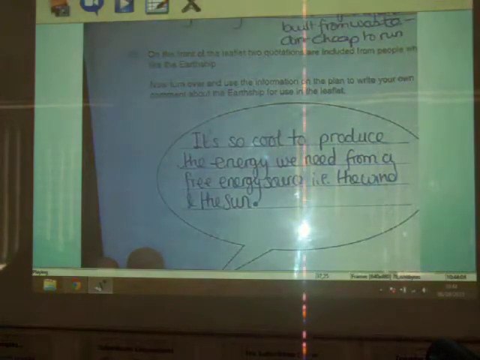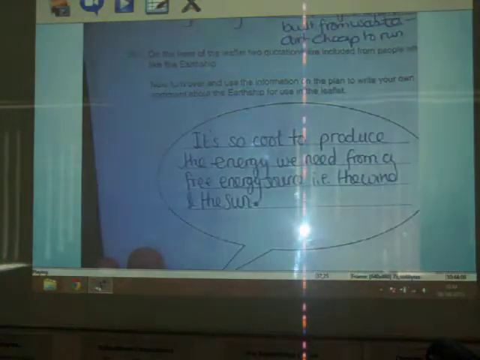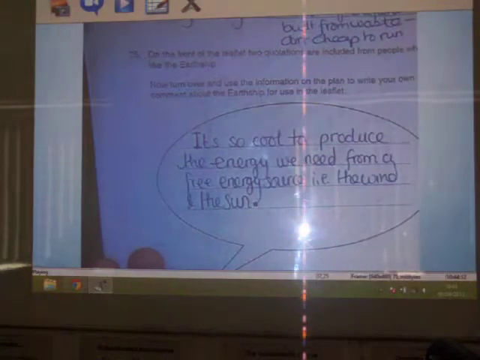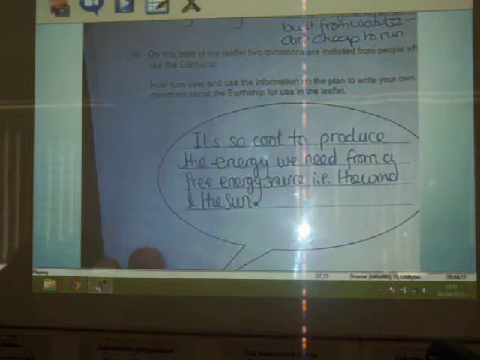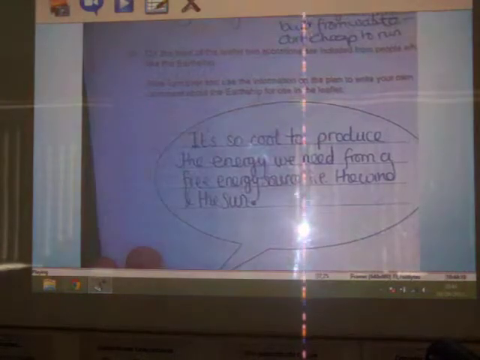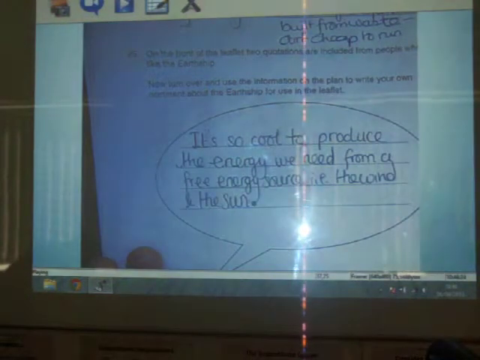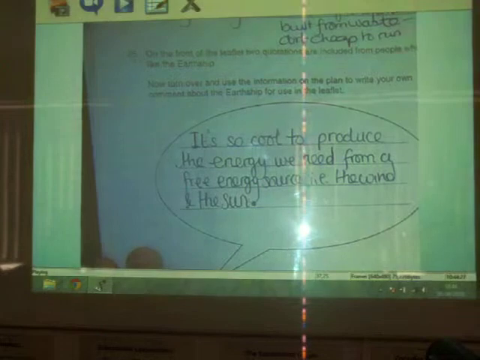Nobody can say to you, because the sun's landing on your property, you've got to pay me money for the sun. Every time you open the window and the sun comes into your house, you've got to pay so much money per hour for the hours of sunlight. That's something that's given free to everybody, sunlight and wind. You just have to harness it. So we produce the energy we need from a free energy source, the wind and sun.